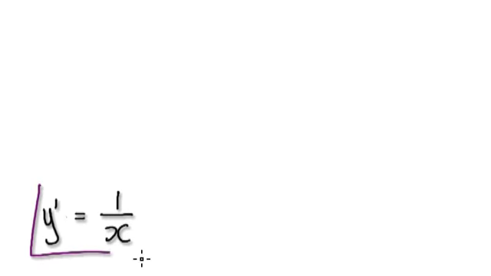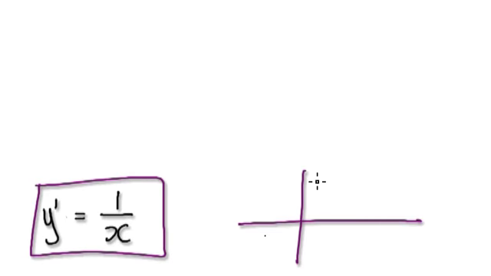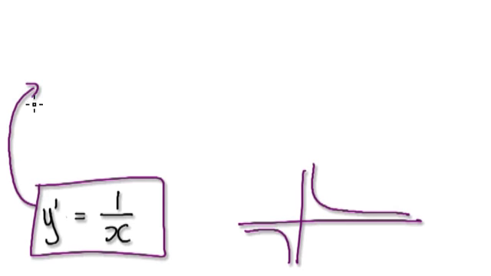So let's start again. When given this here, I've got something where the derivative looks like 1 over x. Jumping backwards, the original y would be the natural log of x, or the absolute value, to be precise.